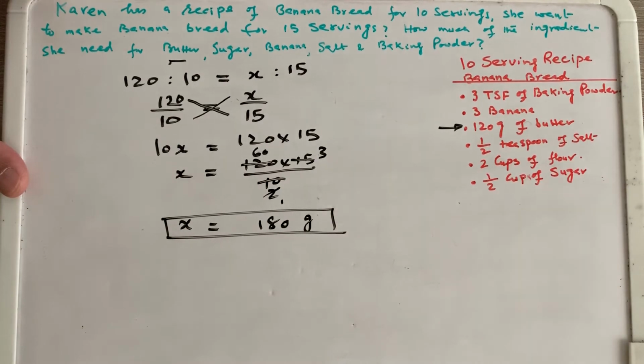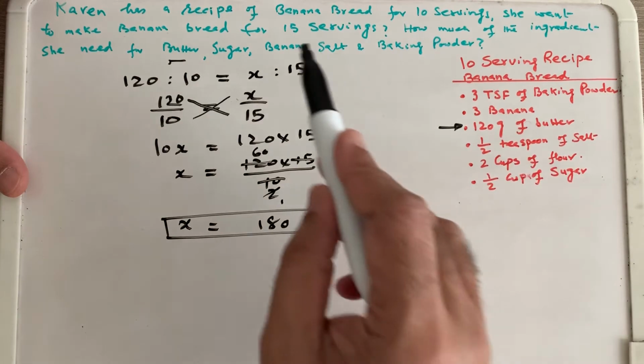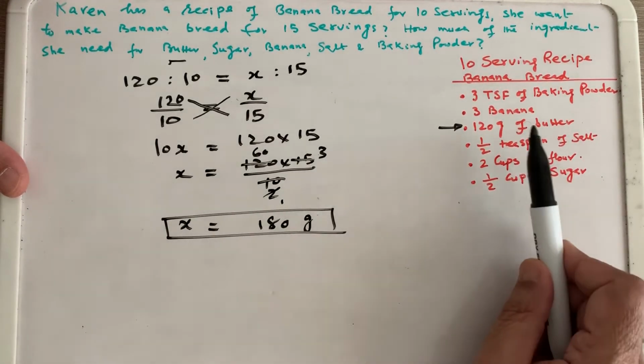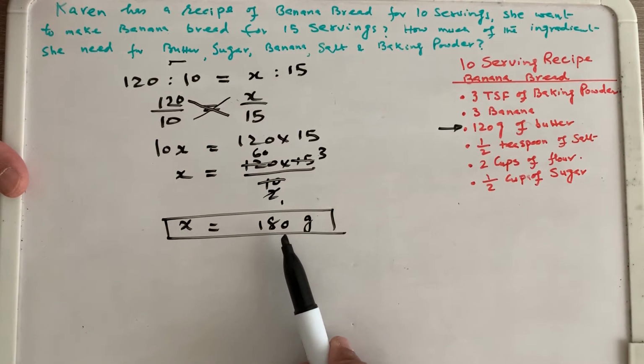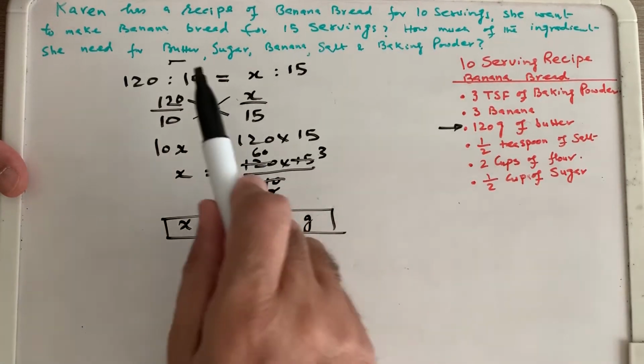The recipe given here was for 10 servings of banana bread, and she wants to make 15 servings. She needs to figure out what quantity of butter, sugar, banana, salt, and baking powder she will take, right? So this is the first answer: she will require 180 gram of butter to make 15 servings of banana bread, right?